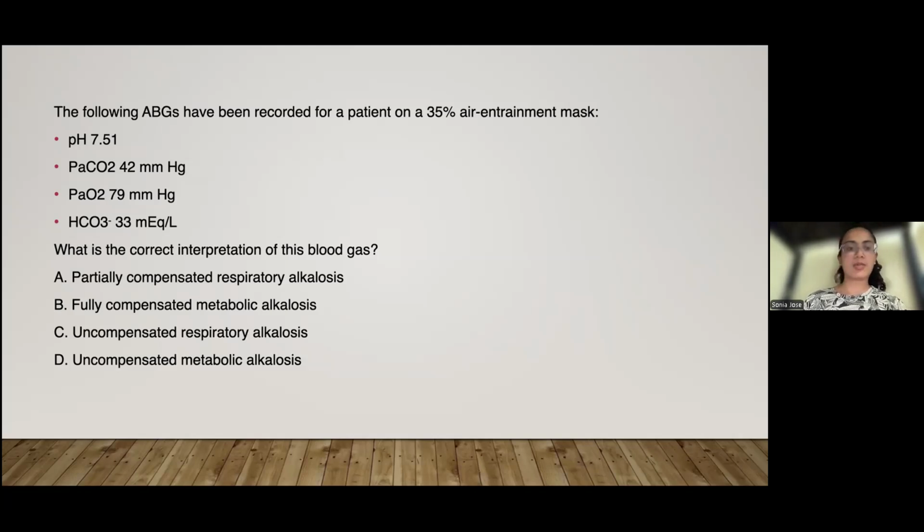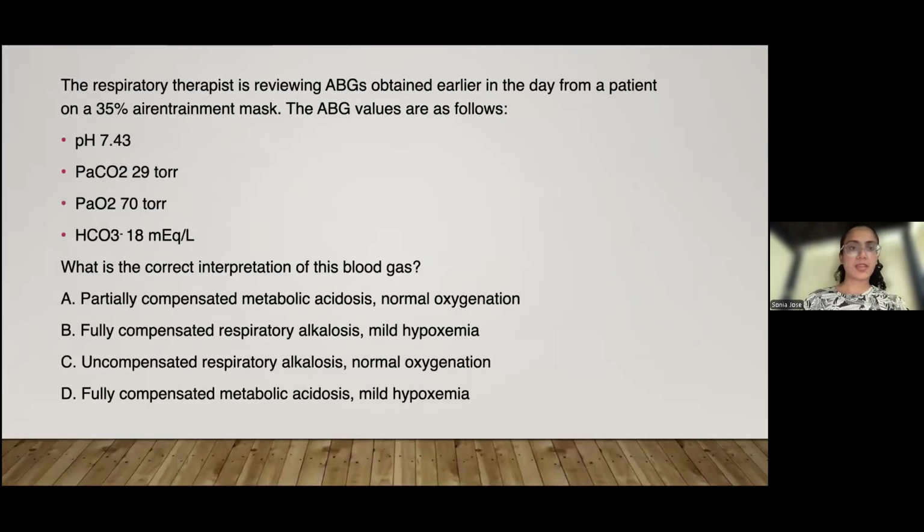Yes, it is uncompensated metabolic alkalosis. The pH is on the alkalotic side, PaCO2 is in the normal range, and HCO3 is increased. So HCO3 caused the pH to increase, that is metabolic alkalosis. And since PaCO2 is in the normal range, it is uncompensated metabolic alkalosis. This one.